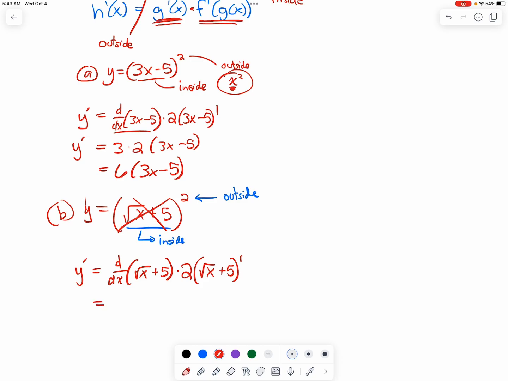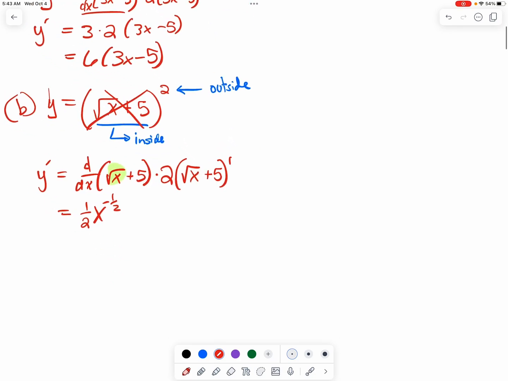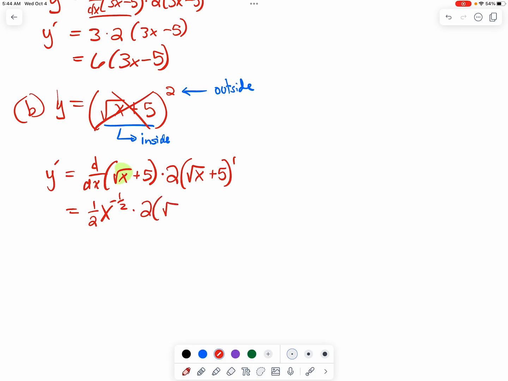That's the derivative of square root of x. Using the power rule, that's 1/2 x to the negative 1/2, times 2 times radical x plus 5. And that eventually becomes, let's see, 1 over 2 radical x times 2 times radical x plus 5.